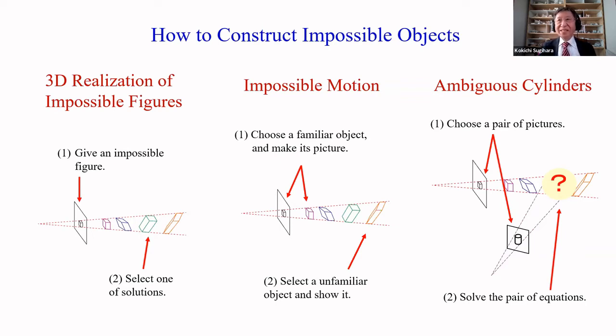But it answered it's not impossible. And actually, we can construct 3D structures. And so I became interested in why human being feels they are impossible, although they are mathematically possible. And so I extended my research interest also to human perception.